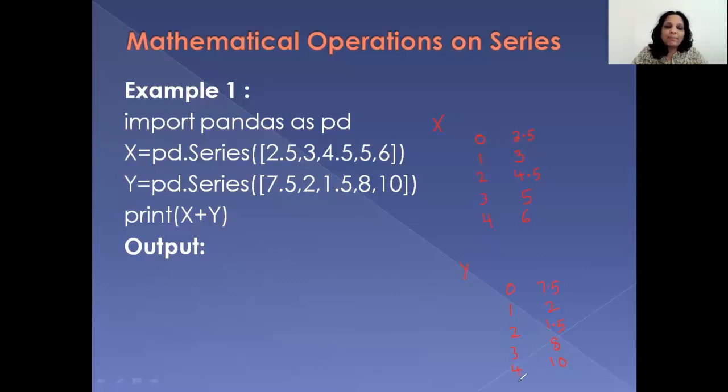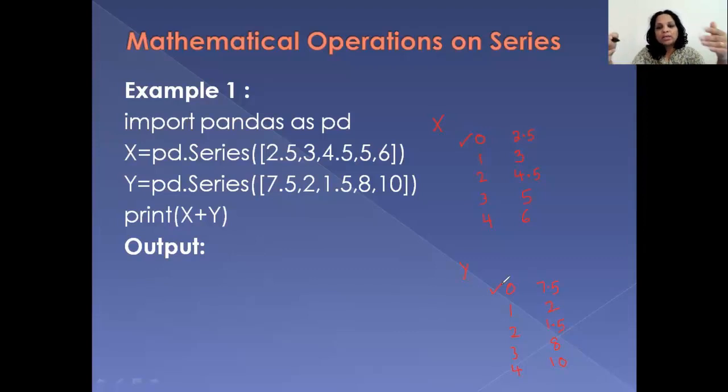Okay. Now, what happens when we say X plus Y? All mathematical operations on two series are done on the corresponding elements having the same labeled index or positional index, which means this element at label 0 is going to be added with this element at label 0 to give you another element at label 0.